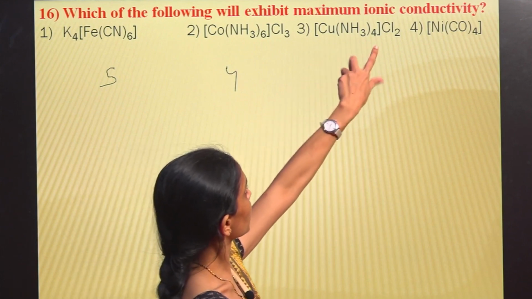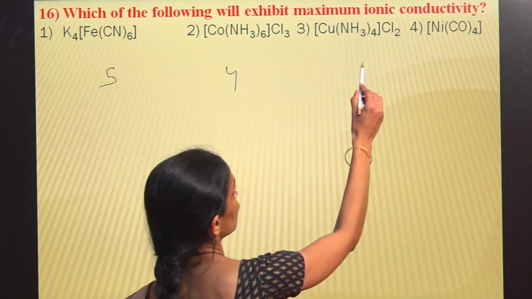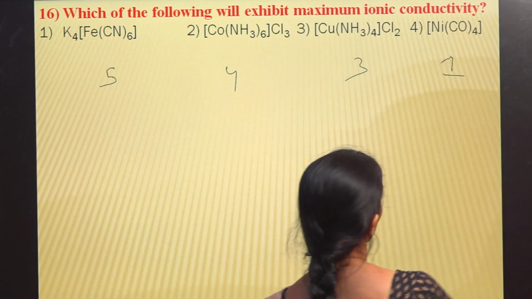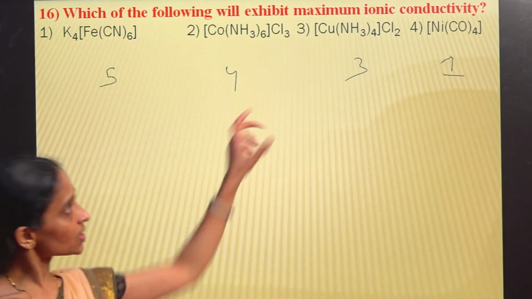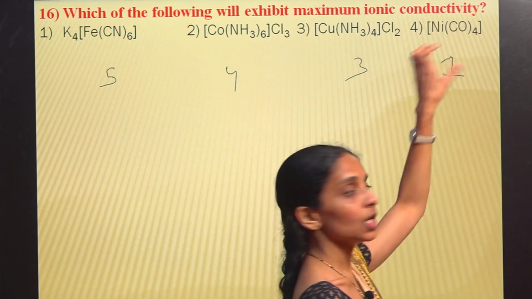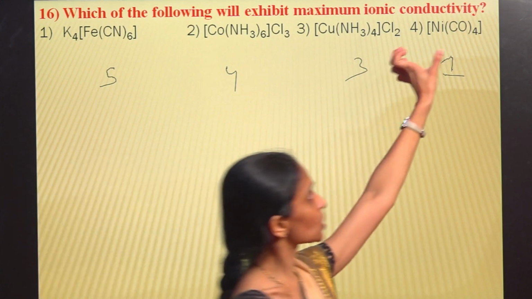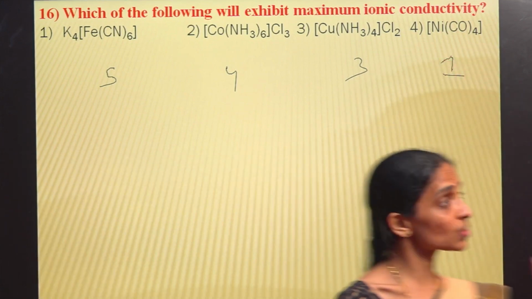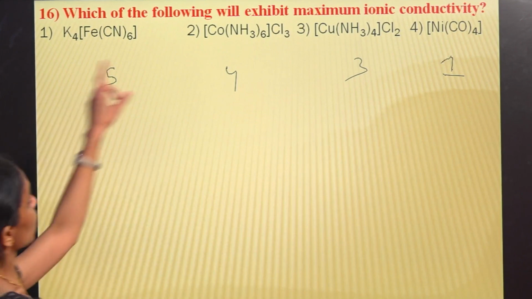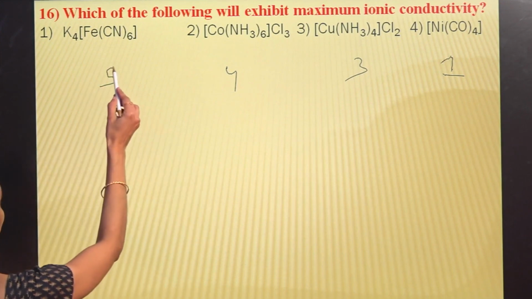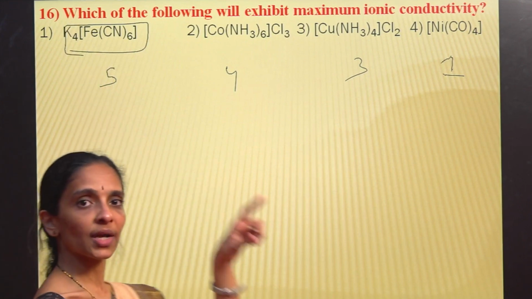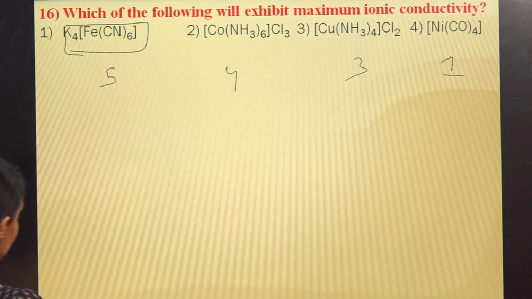And for the third, 1 complex ion and 2 chloride ions, totally 3. And for the last, only 1 species you get. Actually, no ionization can take place here as this is a neutral complex. You only have the square bracket term and nothing outside the coordination sphere. So maximum ionic conductivity is observed in the very first complex, where you get 5 moles of ions per mole of the complex.